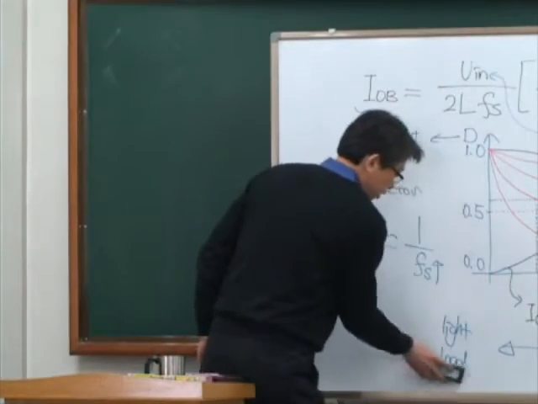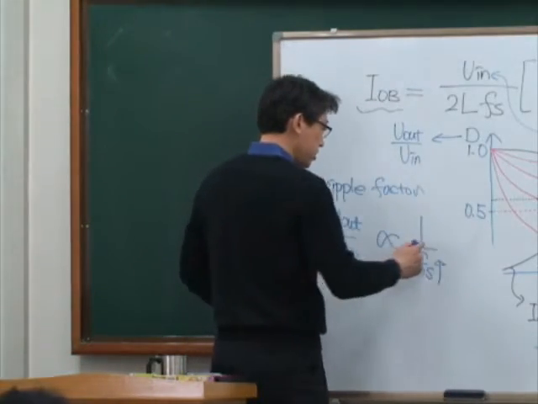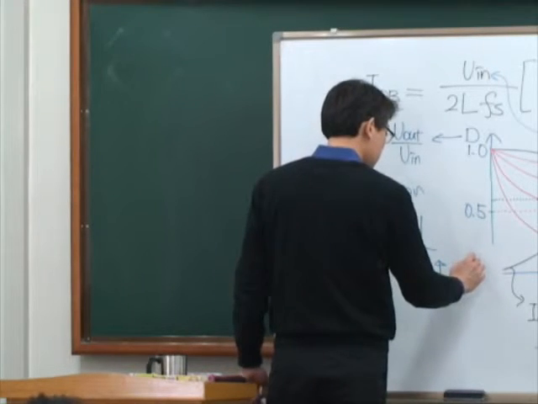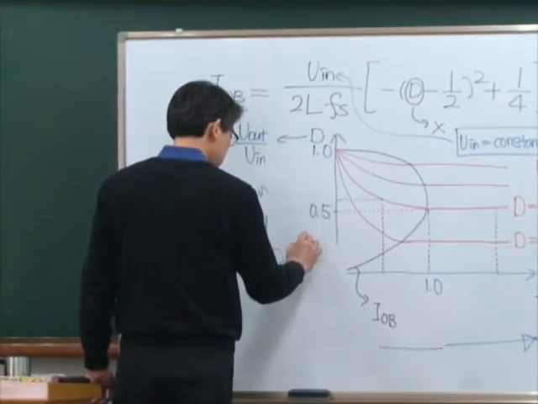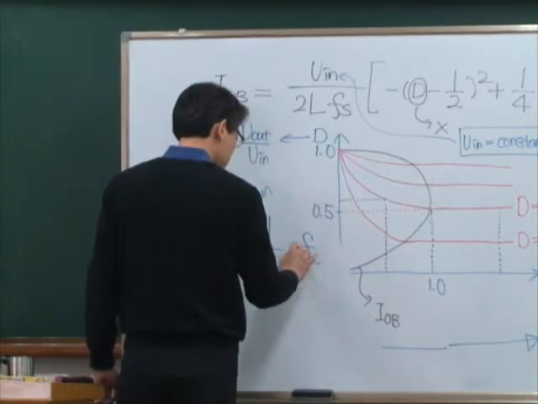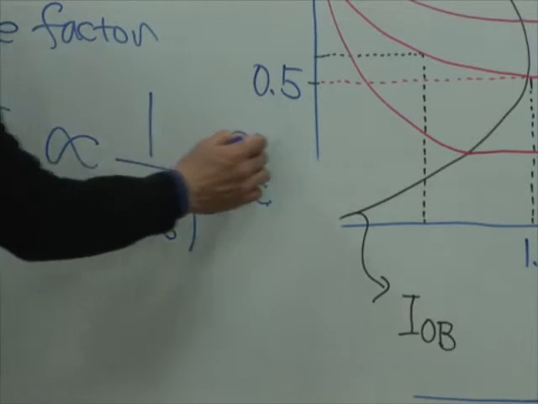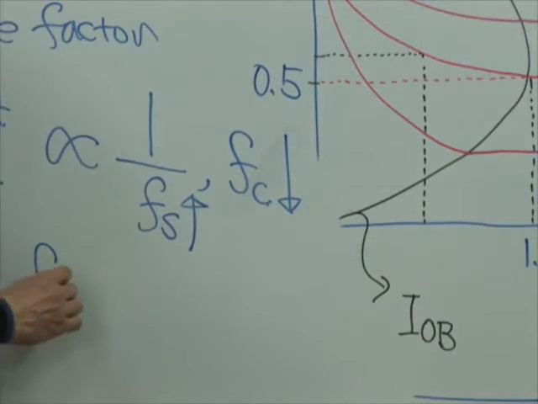If you look up the class note once again, you could see that there is a cutoff frequency. The ripple factor is proportional to cutoff frequency, so I have to decrease the cutoff frequency. So what is cutoff frequency?